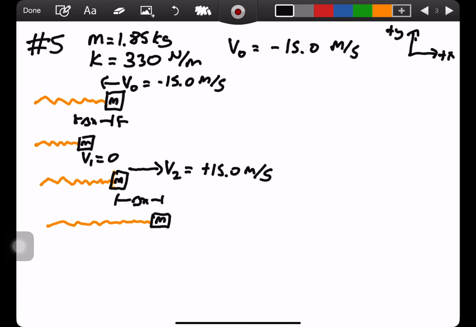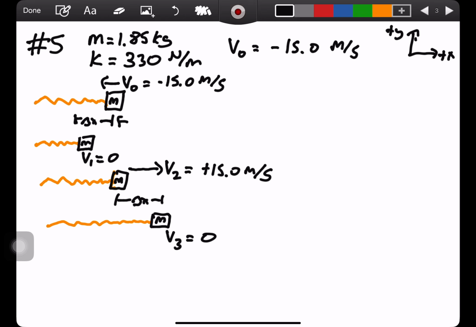And so then eventually the spring is going to stretch out, and the stretching is going to slow it down, and it's momentarily going to come to rest before it starts to squish again. So v3 is 0. So you can see that we've got a kinetic energy at time 0 and at time 2.